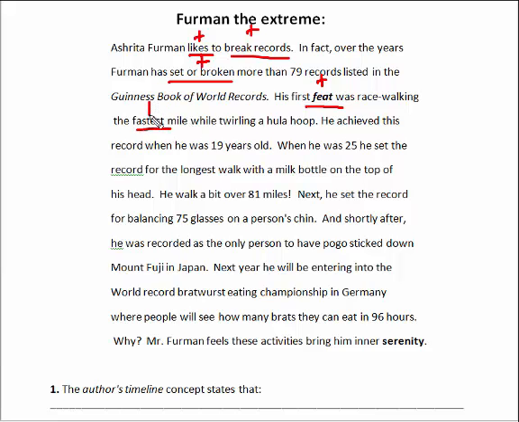Fastest, that's a positive word. He achieved, that's a positive word. Set a record, that's positive. Balancing, when you can balance something, that's positive. He was recorded. When you record something, that's usually positive. Only person, that's going to be positive.